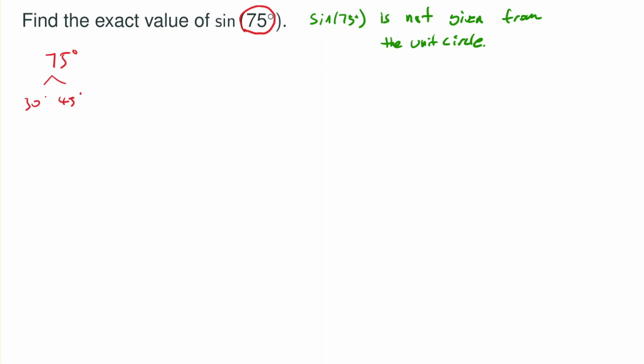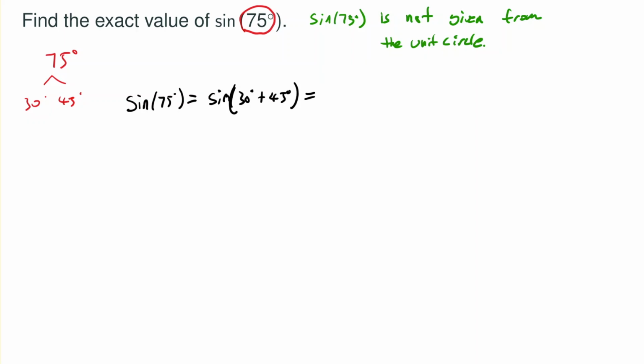Okay. So here we can rewrite sine of 75 degree equals sine of 30 degree plus 45 degree. And we use sum and difference formula, sum and difference identity from the identity sheet.